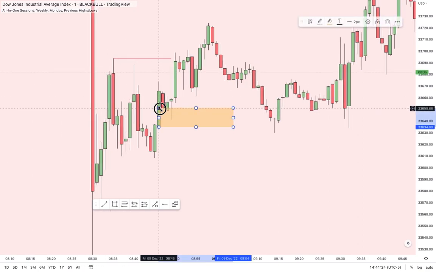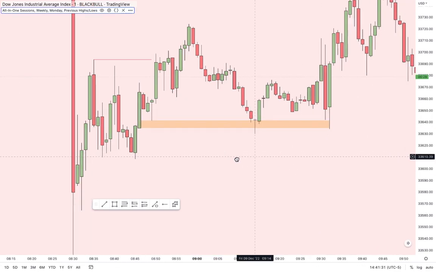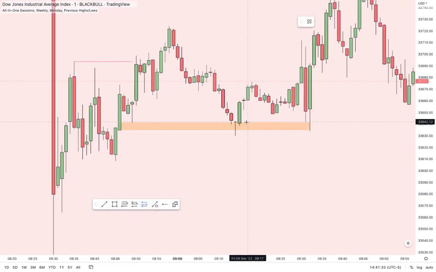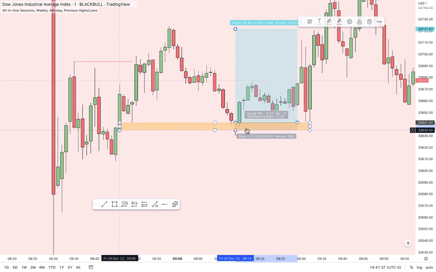So what we could do now is to refine it and drag it towards the right side. Now if you were to take your entry, this would have been your stop loss, but if you see, this is a very unrealistic stop loss.